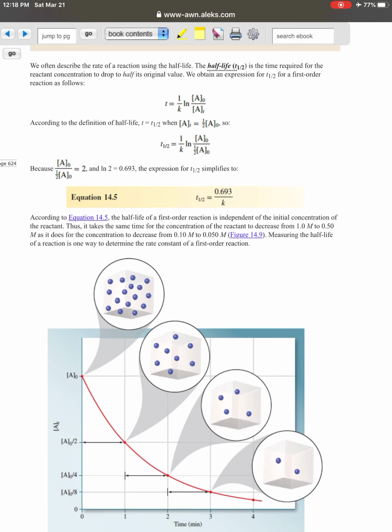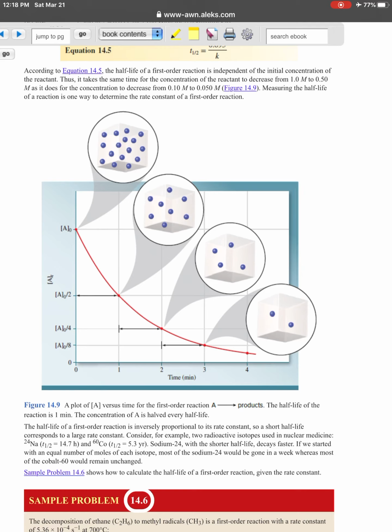Look at that simple equation. That's about as simple as it gets. All that derivation leads you to this. For a first-order reaction, the half-life is nothing more than 0.693, which is the natural log of 2, divided by the rate constant. You'll be able to do all sorts of calculations with that very simple equation.